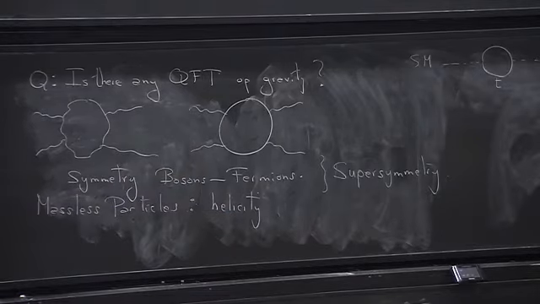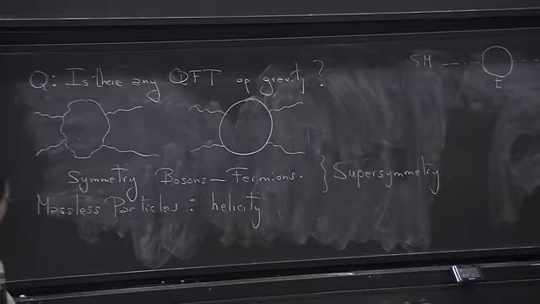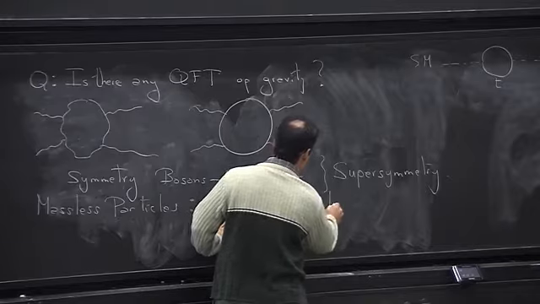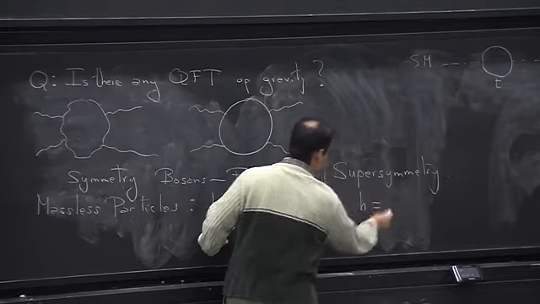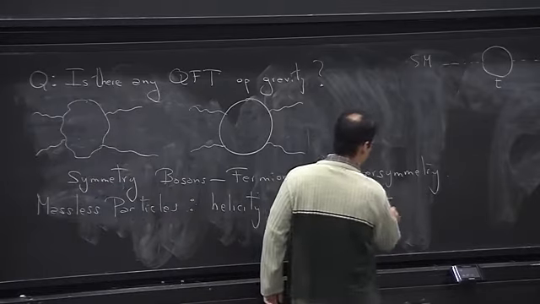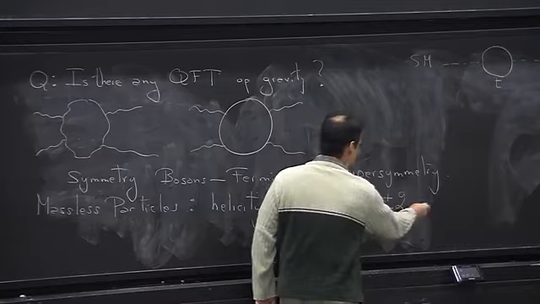So we classify our massless particles by their helicity. Okay? So what's the helicity of the star of the show today, which is the graviton? So the graviton has helicity, what? Could be plus or minus 2, right?